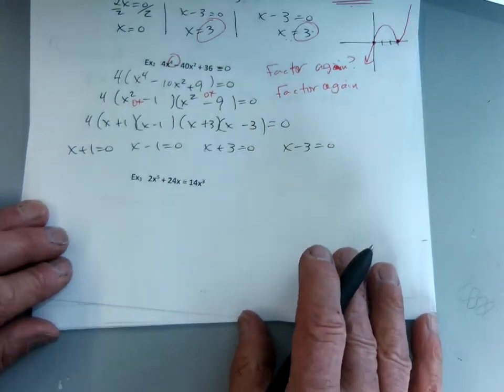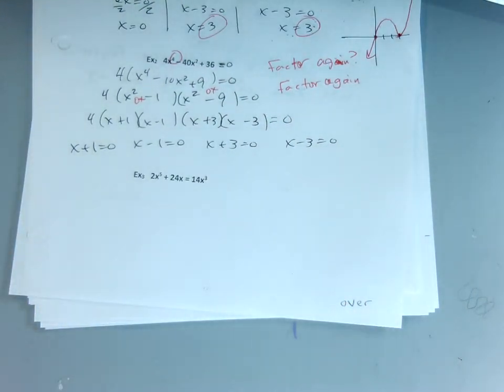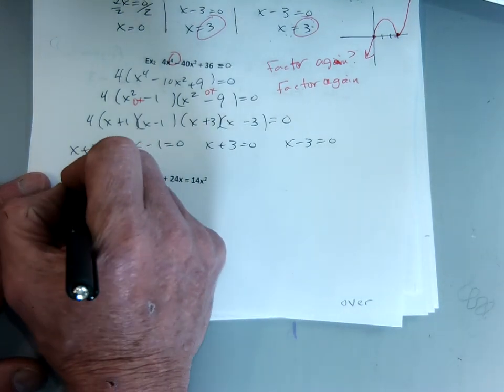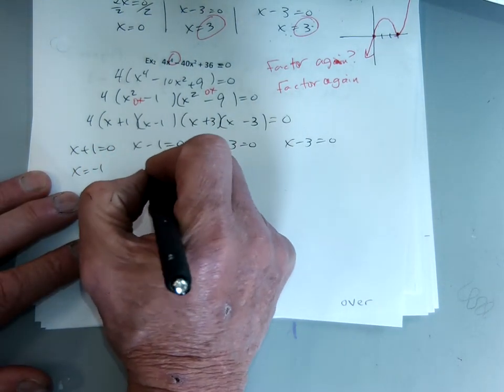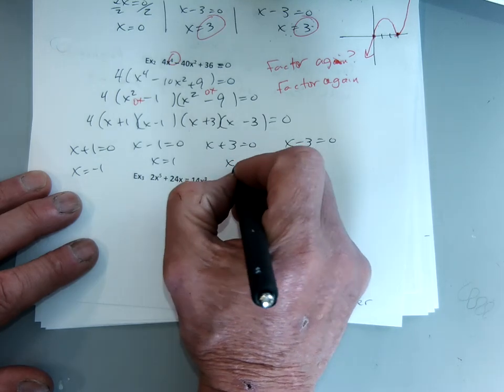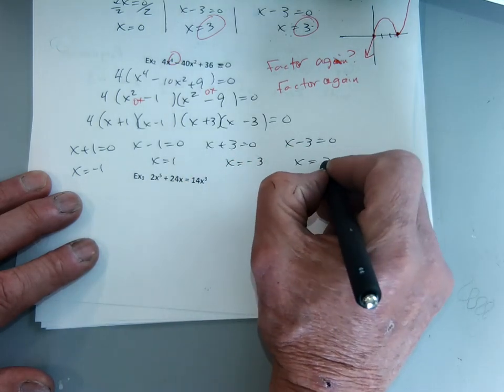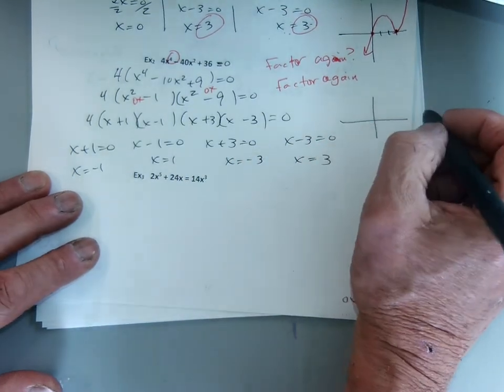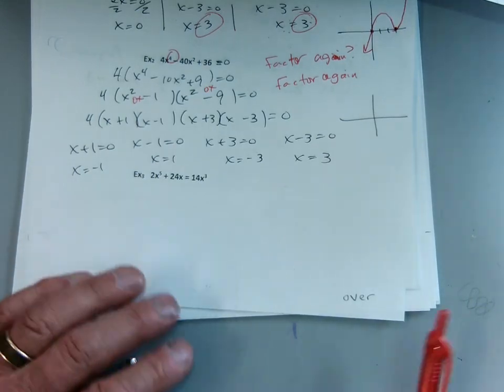And of course, solving this is pretty easy. I'd have x equals negative 1, x equals positive 1, x equals negative 3, and x equals positive 3. Now you're not asked to graph it, but this graph would look like this.